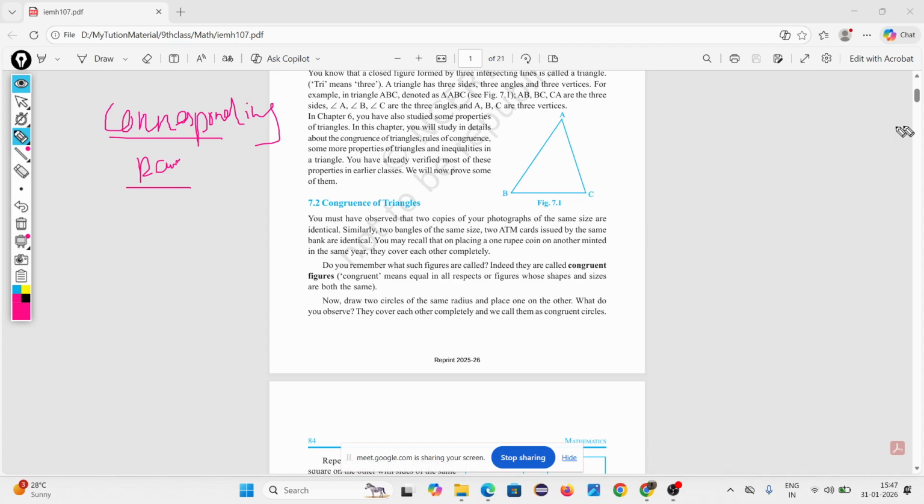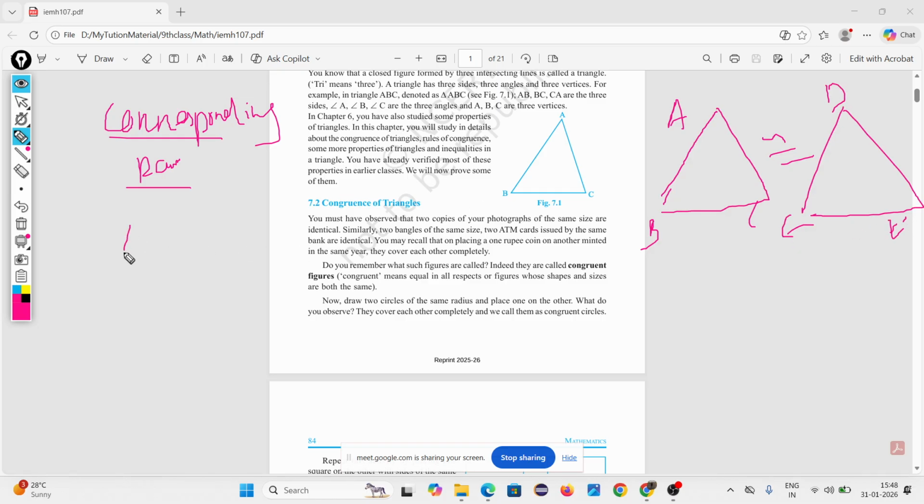Now the question, look, two triangles are congruent. Okay, they are corresponding parts. Corresponding parts like AB equal to DE, BC equal to EF, CA equal to FD.